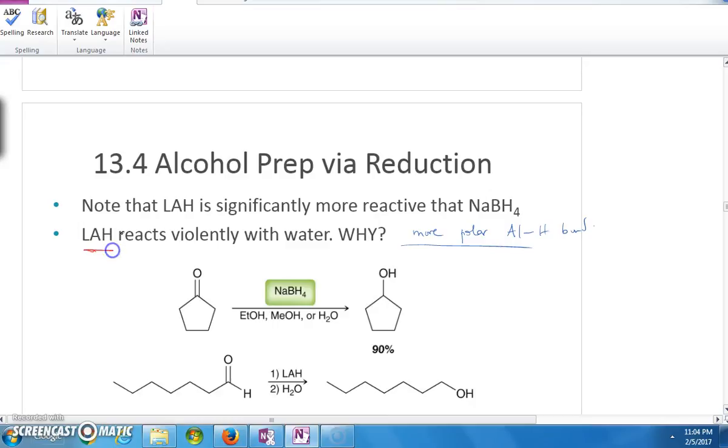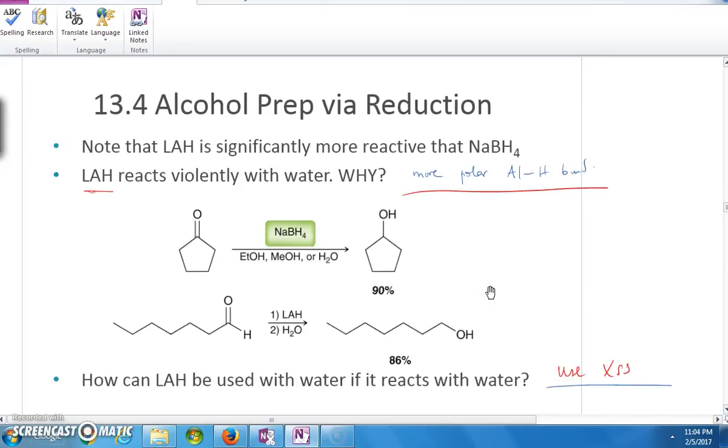Now note that lithium aluminum hydride is significantly more reactive than sodium borohydride, and lithium aluminum hydride, LAH by the way, reacts violently with water. The reason is that it has a more polar aluminum hydrogen bond. The bond is more polar, and so the reaction is more violent. Sodium borohydride will take a ketone to the corresponding secondary alcohol.